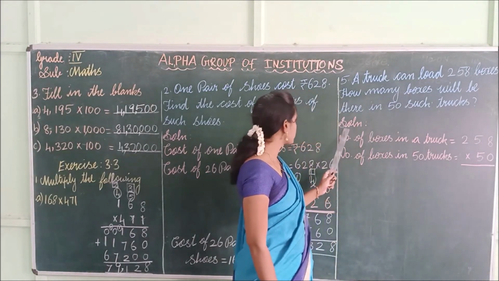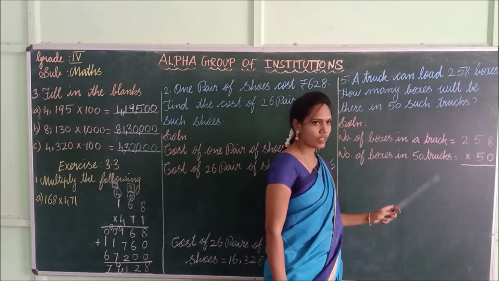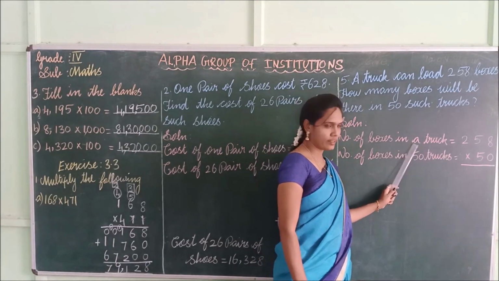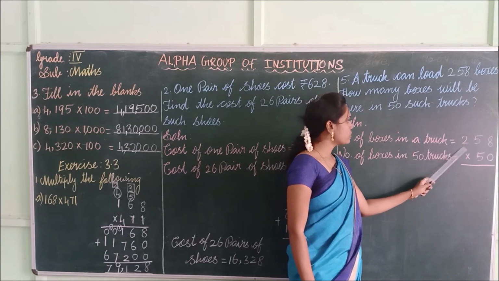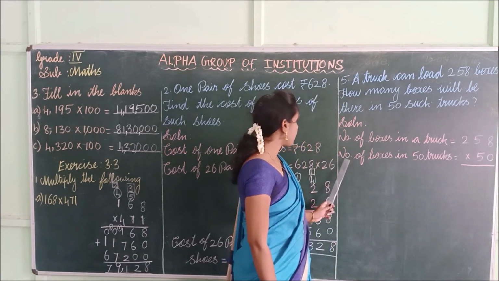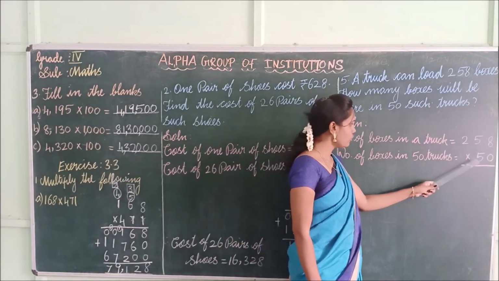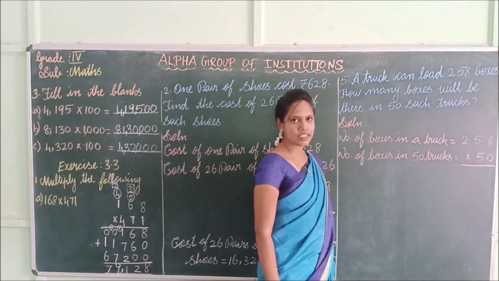See the solution here. Number of boxes in a truck. A truck means one truck. So in one truck, 258 boxes. They asked to find the number of boxes in 50 trucks. So into 50. Shall we multiply this one?